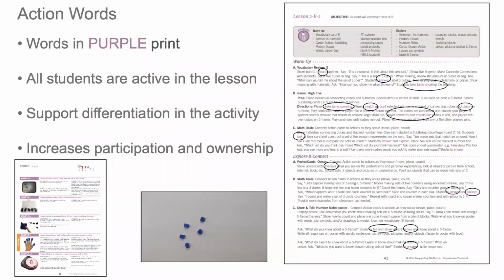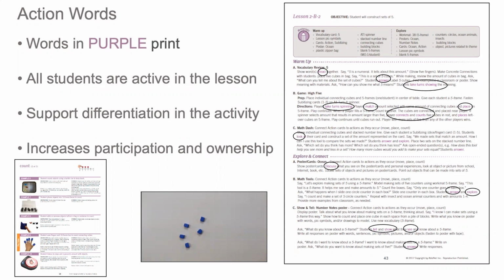As you begin reviewing the equals lessons, you're going to notice that there are certain words in a purple font. These are considered student action words that students are meant to complete to be an active learner during your lesson. As you begin to read the lessons and find yourself wondering, how will my student complete these words during the activity? This is the time that you want to reference the Action Dictionary.